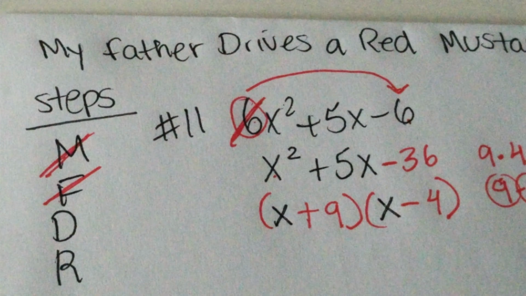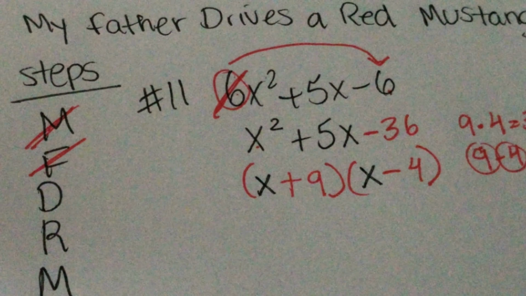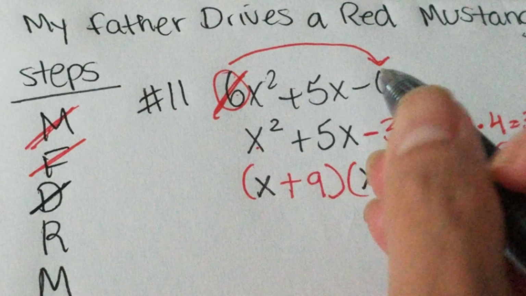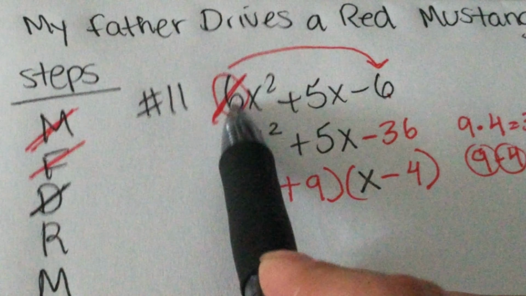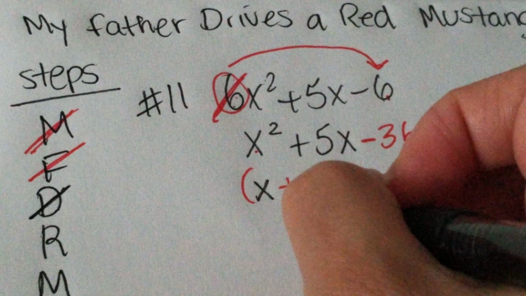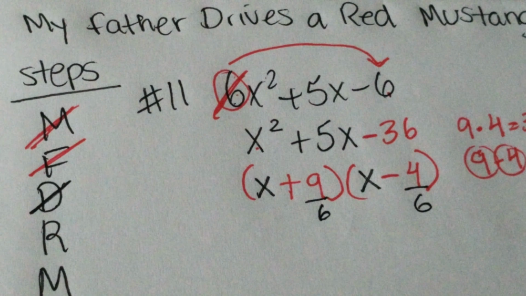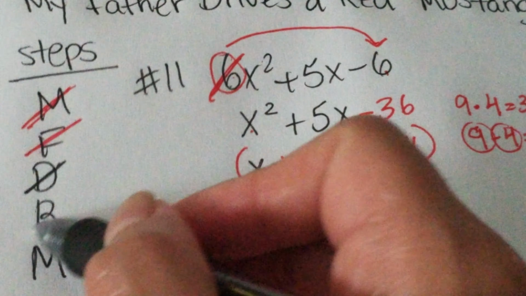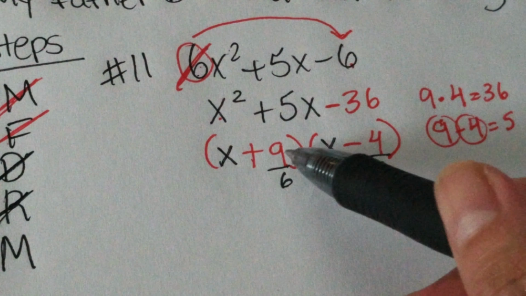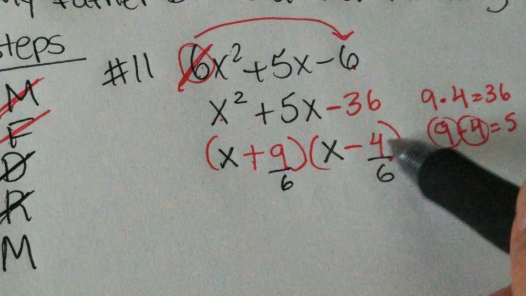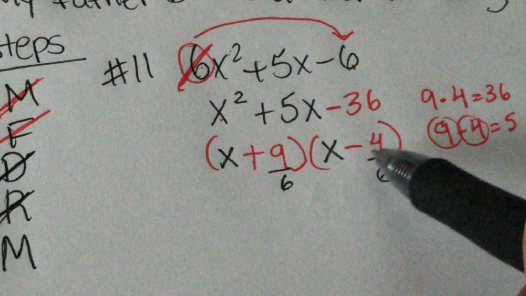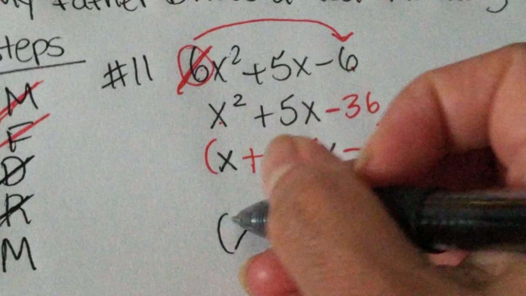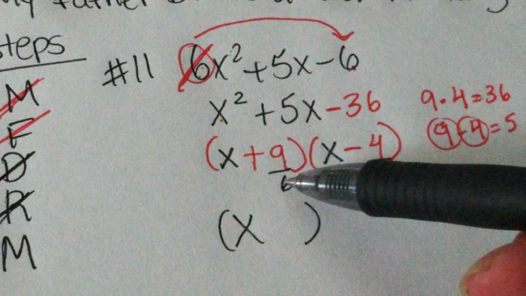And next, we have to divide by the first number we multiplied, so by 6. So I'm dividing this by 6 like this. We're almost there. Now the next step is to reduce, simplify. So can this be simplified? Even though they're gonna be decimals, we can still simplify because one number divides 9 and 6.